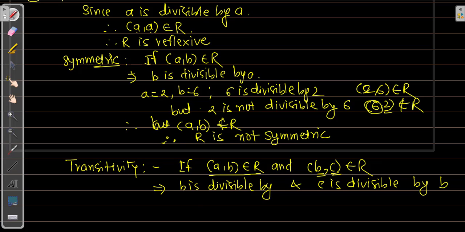Now, let us consider A is equal to 2, B is equal to 4, and C is equal to 8.